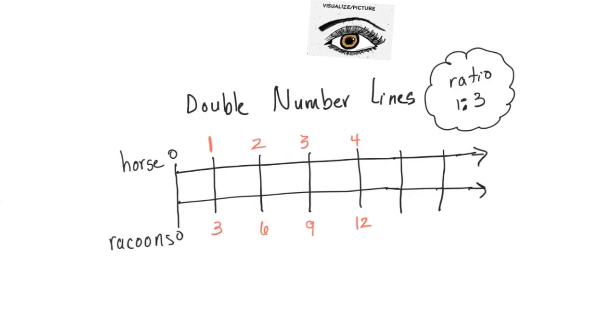Again, you just want to have more than one choice to be able to find your answer. Which one works better for you? That is something that you have to come up with. All methods are good choices for you. And again, at the end, you are able to see that when you have 18 raccoons, you will need 6 horses.